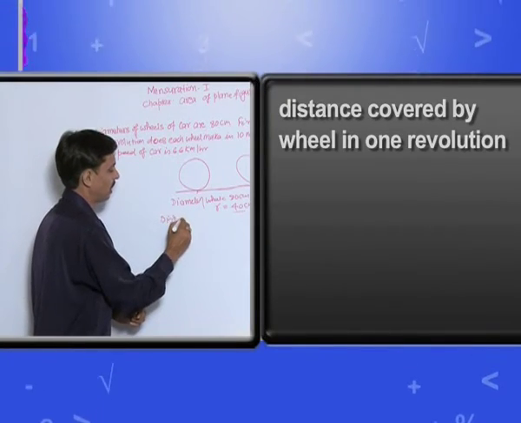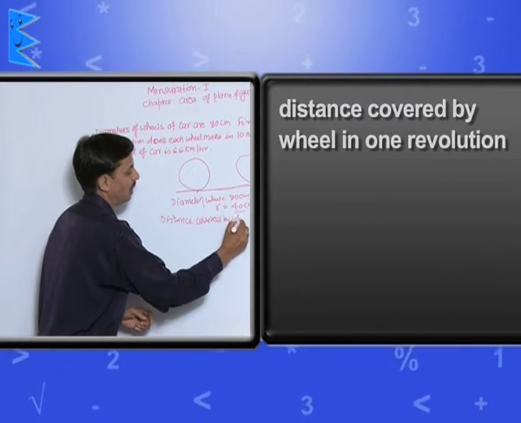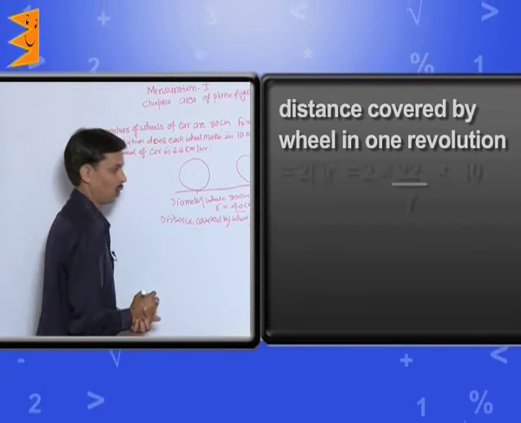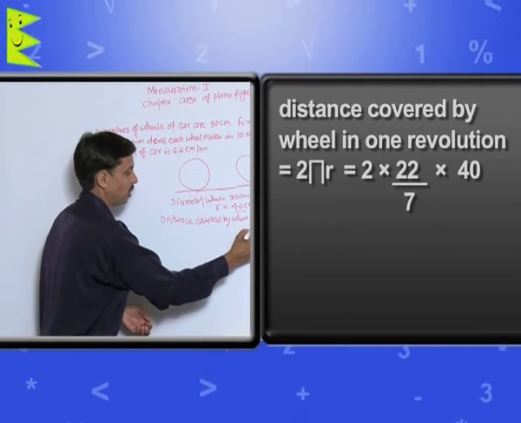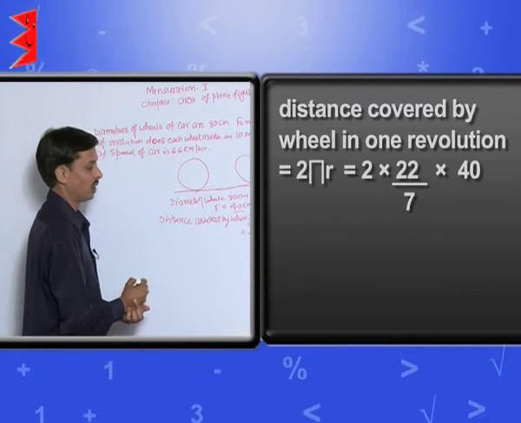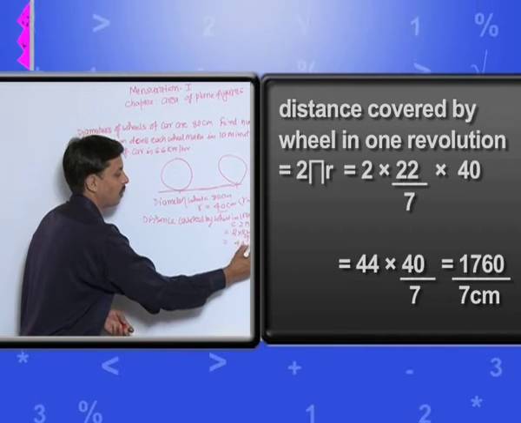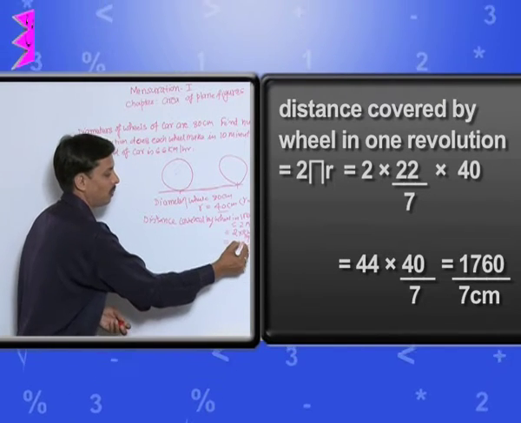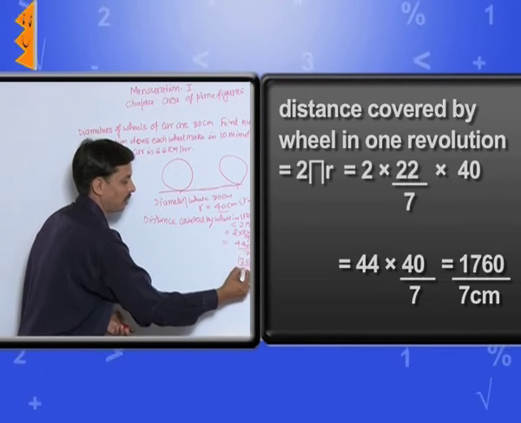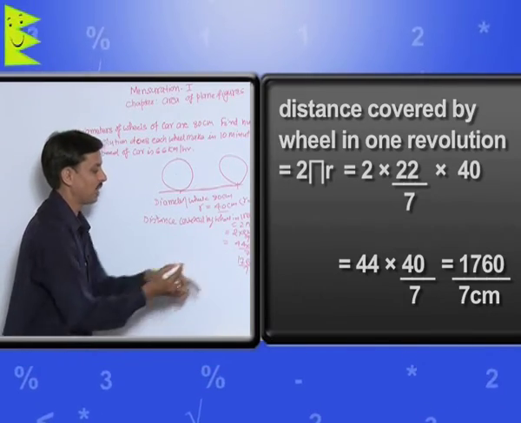So the distance covered by the wheel in one revolution is 2 pi r, or 2 into 22 by 7 into the radius, which is 40. This becomes 2 into 22, 44, 44 into 40 upon 7, which comes out to be 1760 upon 7 centimeter.